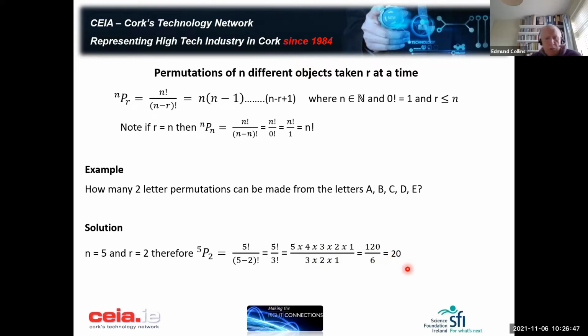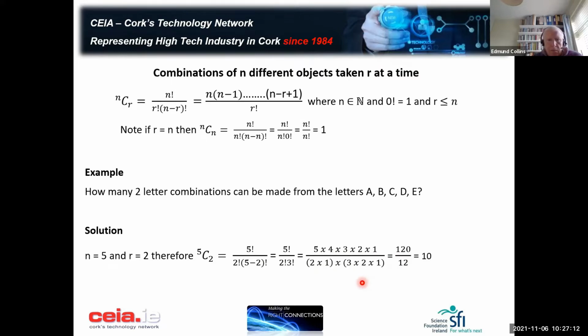Now, there are quicker ways of doing this, and we'll be looking at that in a minute in terms of calculators and so on. But it is important that you understand the formulae behind these, that you have an idea of what the result is going to be. So that's permutations.